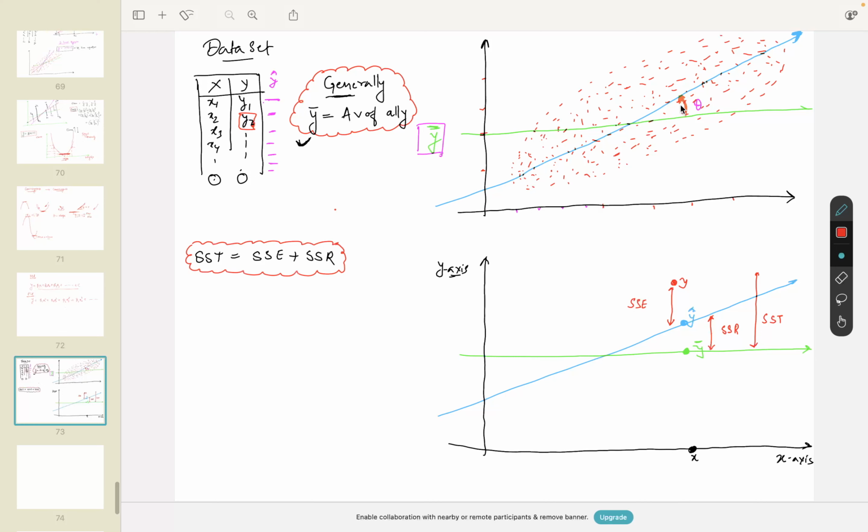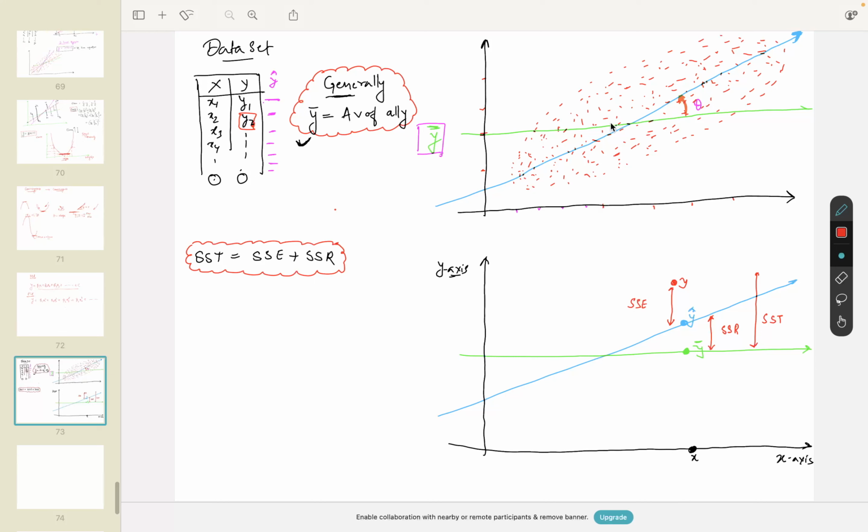As I told you, this line should not match the y average. If the slope is very low, it will directly collide with the y average. Then there is no purpose of having any machine learning algorithm. That linear regression model is very bad, I can say, if it is colliding with the y average. Try to understand, right? It isn't a good thing.